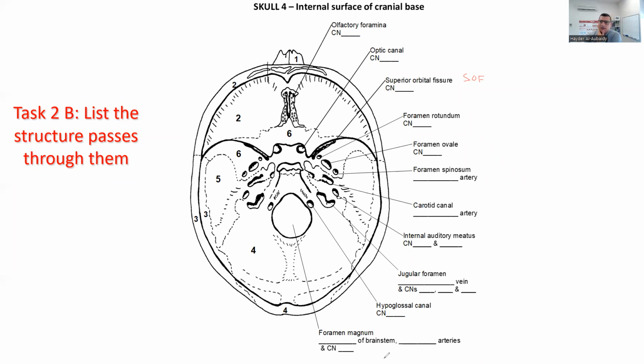Feel free to use annotate and answer any of these gaps that you know, and then we can go through group discussion. Anyone would like to give a go?